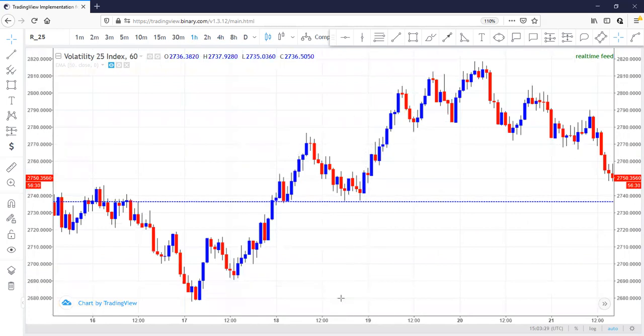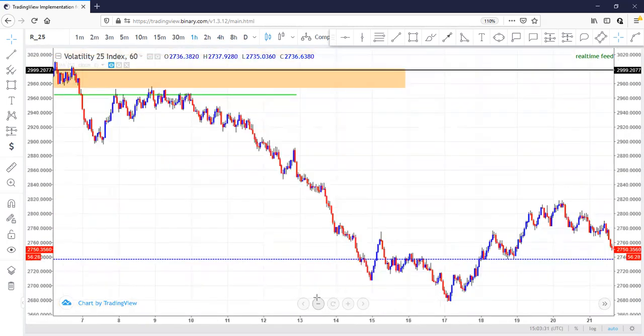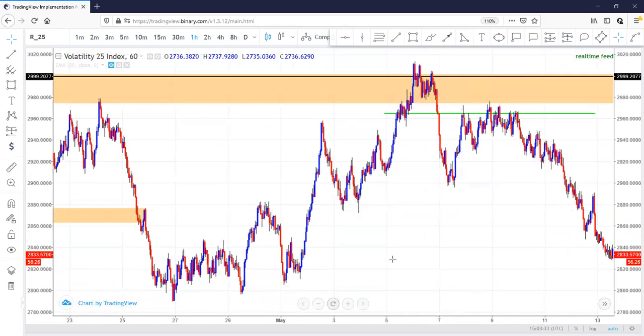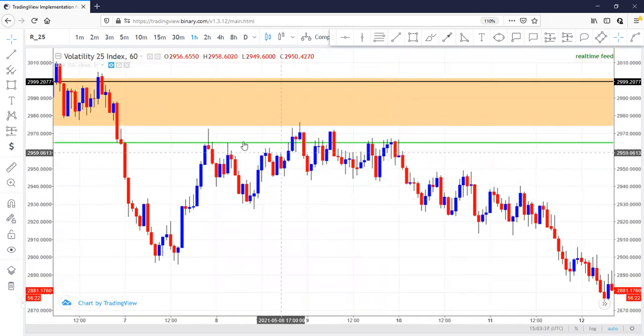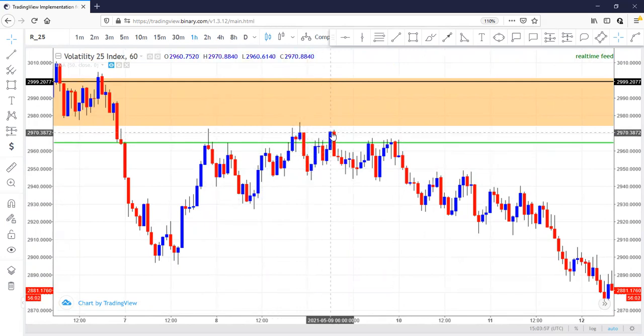So we are on the 1-hour time frame. This is the point we are looking at. Price pushed, gave us a pin bar after this retest, pushed back to the upside. This highest high did take out this previous high. So we still wait. Price pushed to the downside, pushed to the upside.